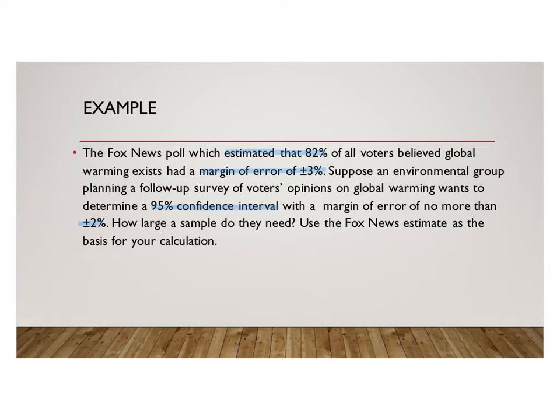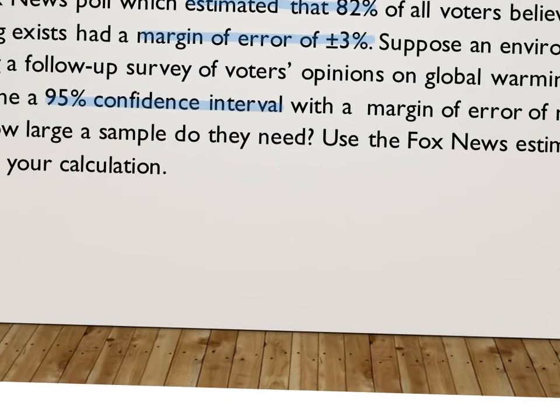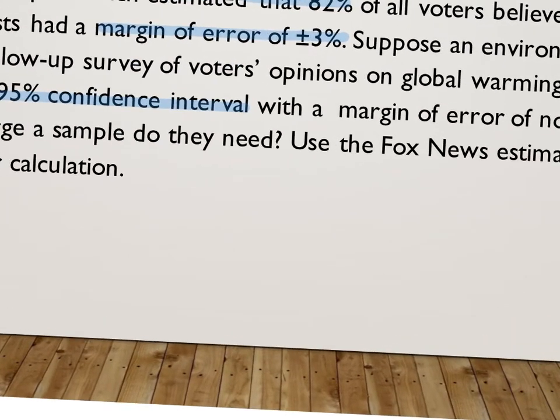We're going to use the Fox News estimate as the basis of our calculation. So when we do this problem, the first thing we are going to do is use the margin of error they want us to use, 0.02, equals. Now, for a 95% confidence interval, remember the z star. If you're thinking in your mind a 95% confidence interval, that means you want the middle 95%.